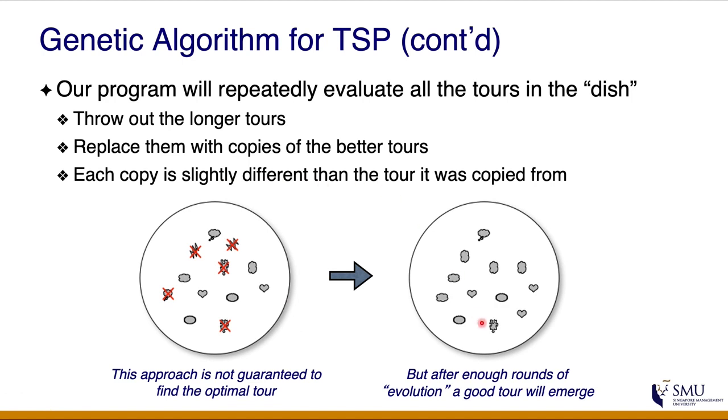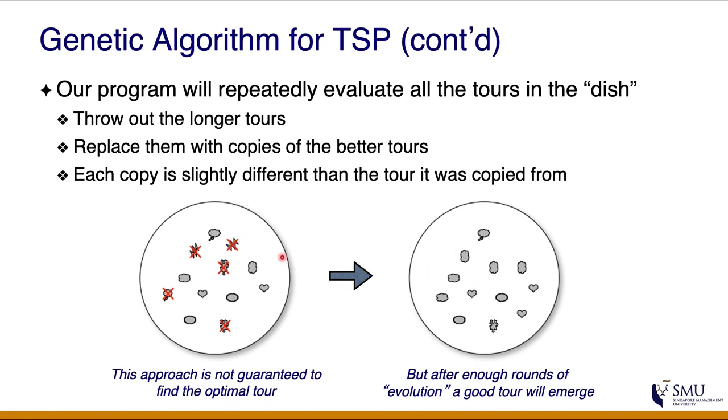But of course, if you simply replace all these worst performing tours with identical copies of some better ones, that doesn't really make a lot of sense. After all, what we want is a process that can gradually evolve new solutions that perform better. So the way that we copy the existing solution should be designed to make the existing tour slightly different, and then you replicate that in the new dish.